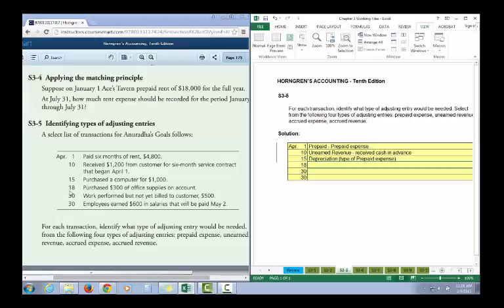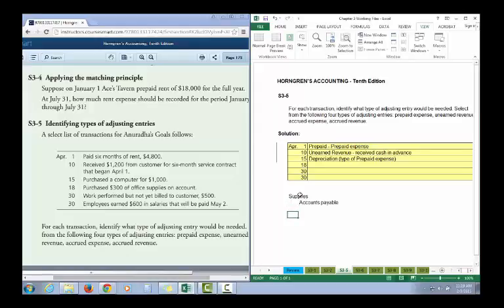Let's look at 18. We've got purchased $300 of office supplies on account. All right, so we're purchasing supplies, and remember we said supplies are an asset. So we debit supplies and credit cash, or in this instance, we have accounts payable, right?